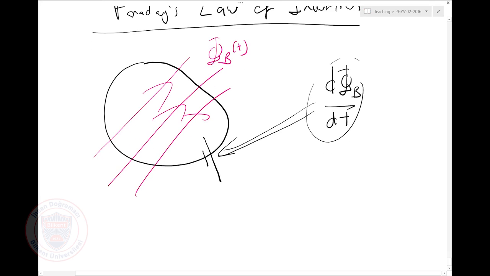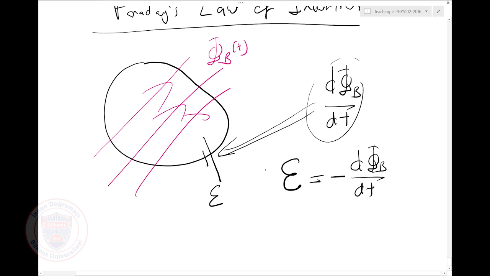So it actually creates, instead of calling this V for, again, historical reasons, it's called electromotive force, EMF. Okay. This epsilon is exactly d phi b dt, only just to remind us that there is this Lenz's law, there is opposition to the current, we put a minus sign here.